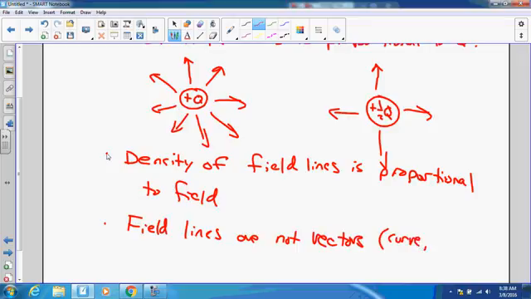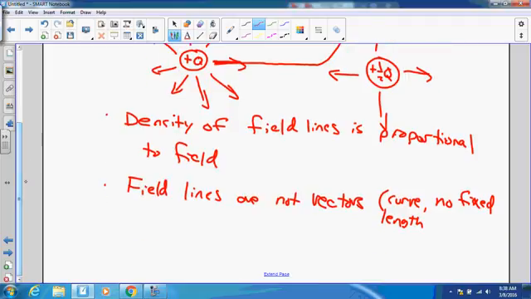They have no fixed length, meaning that once I start drawing a field line here, it continues out, maybe it'll curve away from this positive charge right here, until it gets captured by a negative charge somewhere.